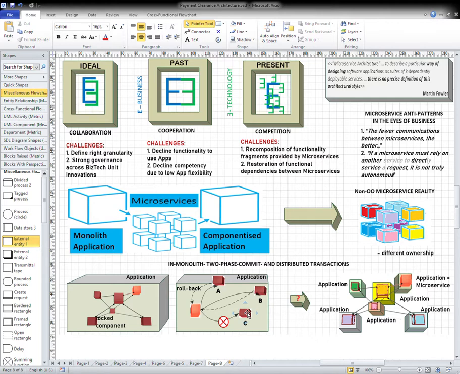In a distributed environment, 2PC is either very difficult or impossible because it locks the participant state to roll back all performed actions if one of them, like this function C, fails. But due to multiple ownership, locking is impossible. As a result, we have found numerous recommendations to avoid distributed transactions for microservices altogether, instead of finding a proper solution.